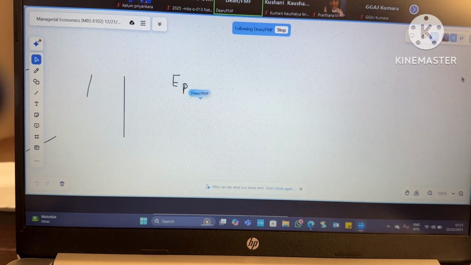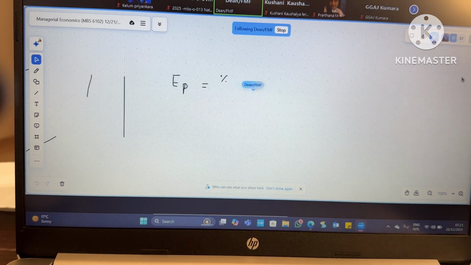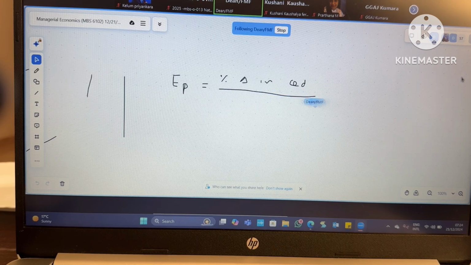Price elasticity is equal to, to calculate this one, you have to take the percentage change in quantity demanded, divided by the same way, percentage change in price.